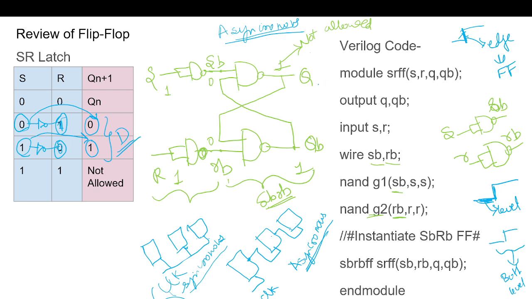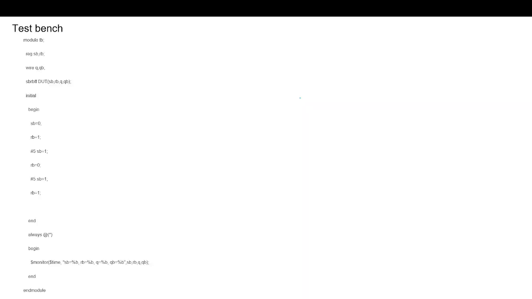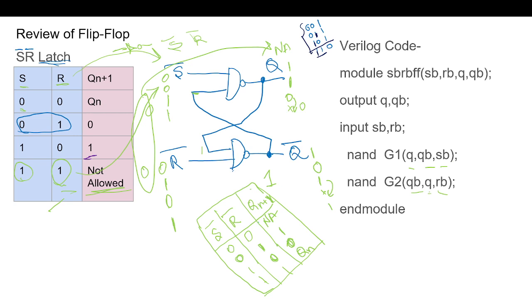Ma'am, both latches have the same truth table, right? You will have the complementary version: 0 is not allowed in S bar R bar, 1 is not allowed in SR. If I have 1 here in reset, it will be reset to 0. If S is 1, this is the set input, the output will be set to 1. But it will be in the complementary way. If reset is 0, I will be reset to 0.